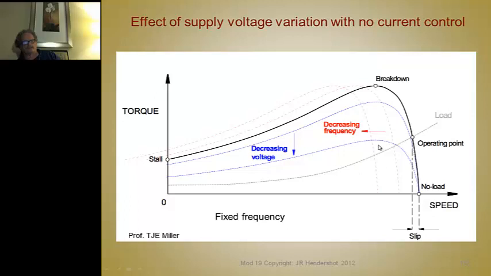Now, if you change the voltage, if you decrease the voltage, then that changes the slope. As you see, these blue curves here, the breakdown torque is reduced if you reduce the voltage in both cases, and also the slip changes.